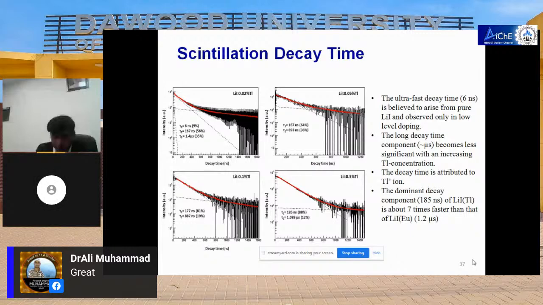For example, these badges are checked every few months or 6 months, and if the dose is very high, then either they can be replaced or they can go on leave. So it helps us in knowing how much dose they are getting.